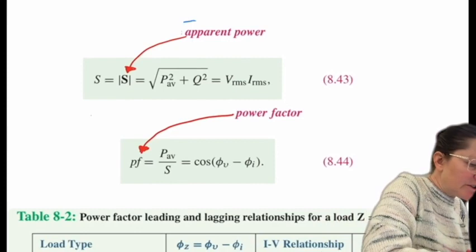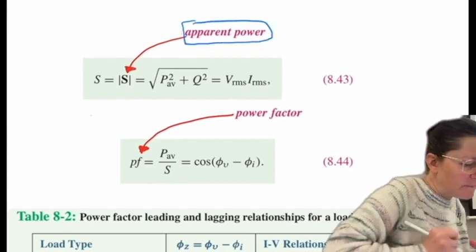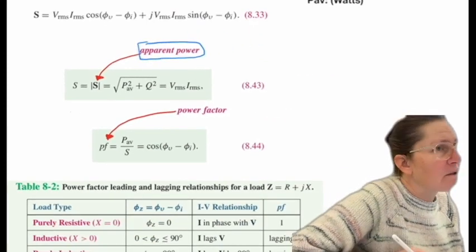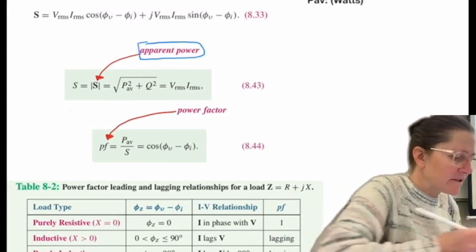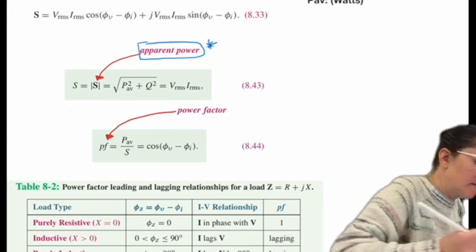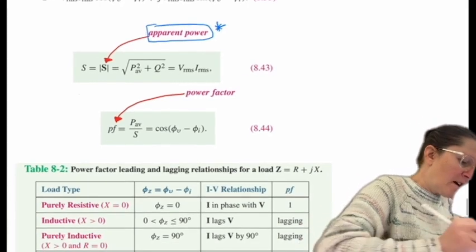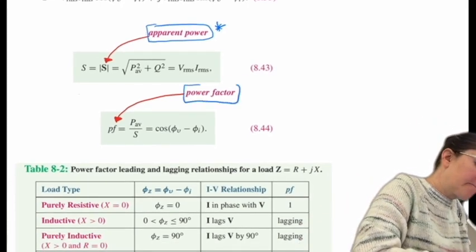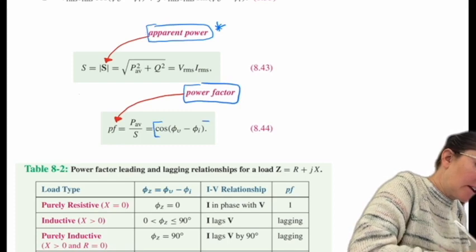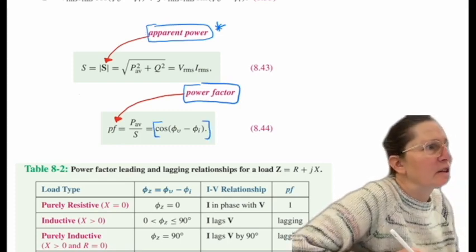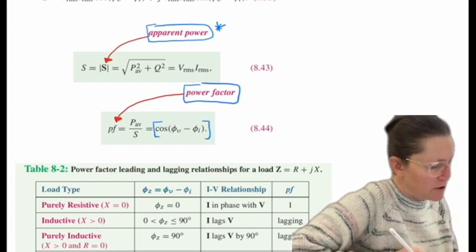the new terminology, so this apparent power is the magnitude of this complex power. This is a term you need to memorize what it means. Apparent power is the magnitude. We have what's called the power factor, and it's the cosine of the difference between the phase shift from the voltage to the current.